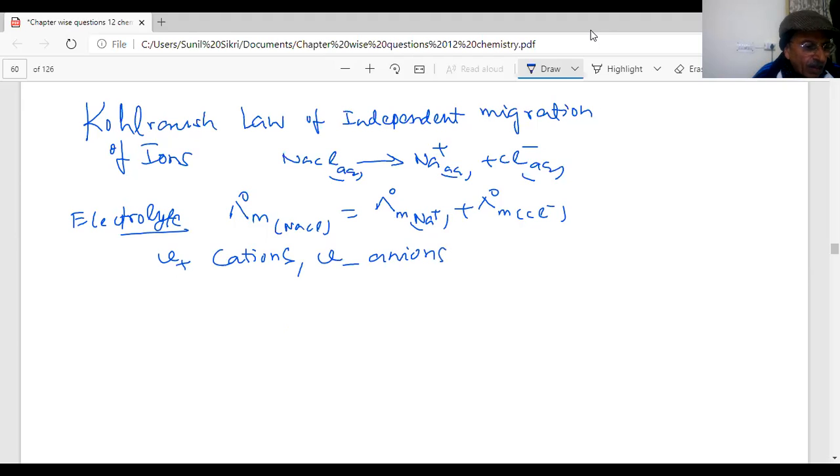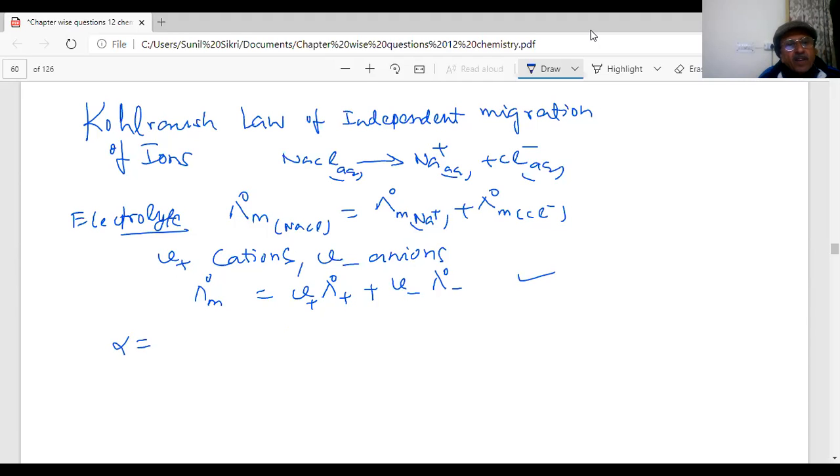The limiting molar conductivity of the electrolyte can be written as V plus lambda 0 plus, where lambda plus is the molar conductivity of the cation, plus V minus lambda 0 minus. So it is the molar conductivity of the cations plus anions, where V plus is the number of cations and V minus is the number of anions. This formula we told you, students, is a very, very important formula for the molar conductivity. An important relationship we have discussed.